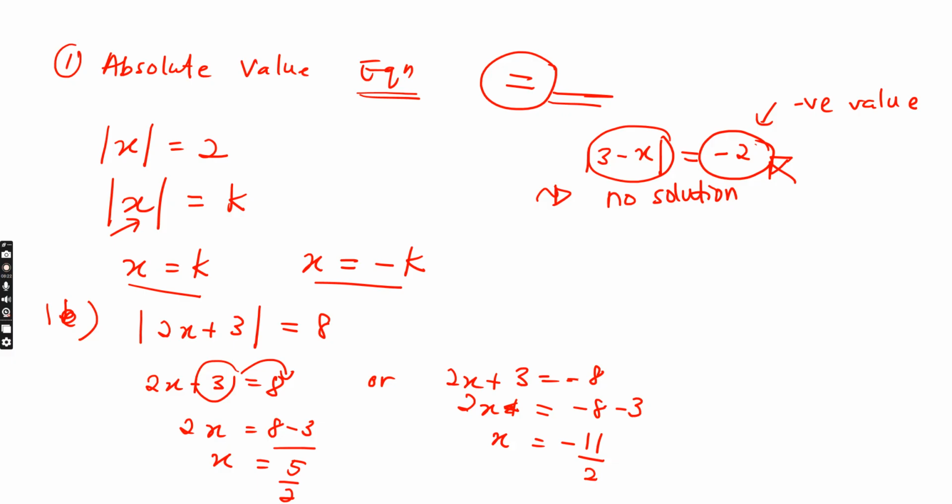Now we're going to go through absolute value inequalities. Remember, for equations, it is using the equal sign. Now the second one that you're going to learn is still absolute value, but it is inequalities.